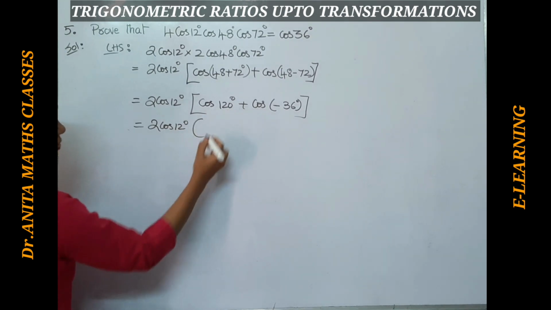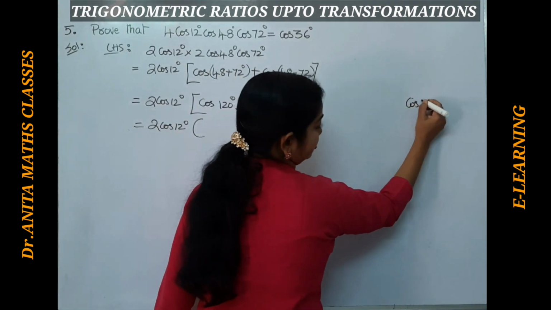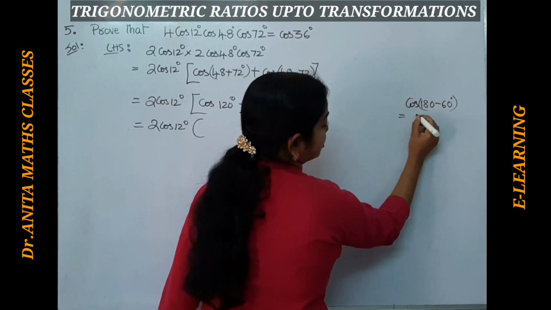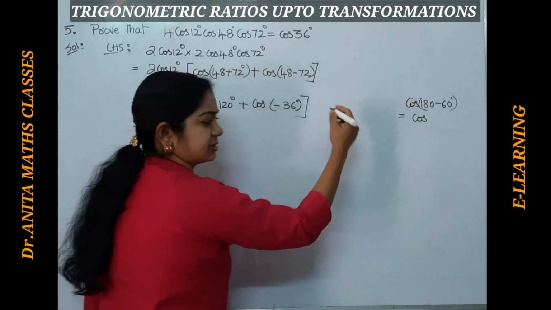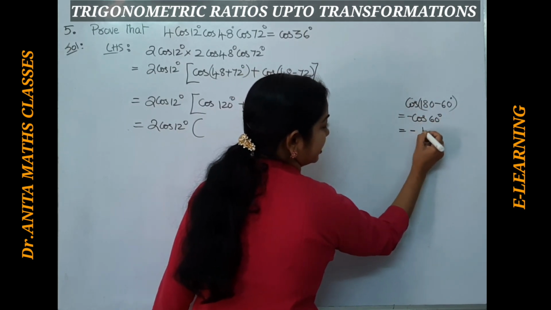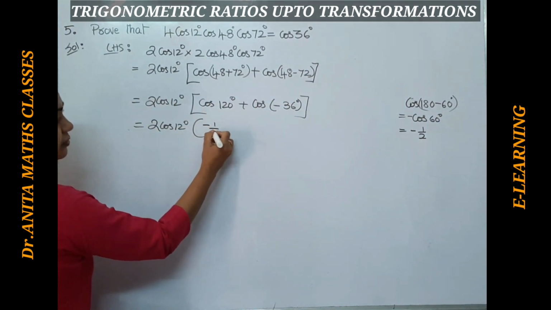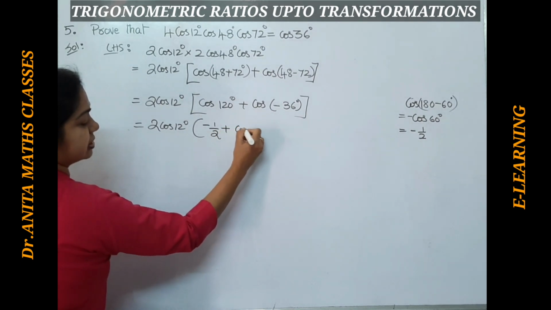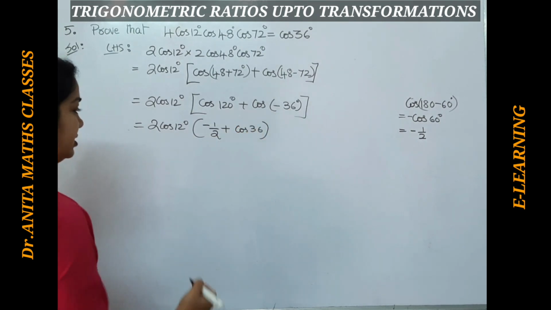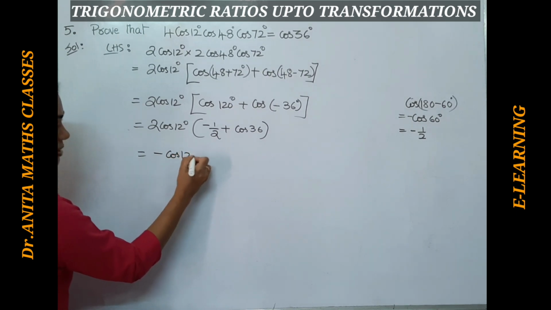Here cos 120 is cos of 180 minus 60. In the second quadrant cos is negative, so minus cos 60 degrees. So this becomes minus half, and plus cos 24 degrees, since cos of minus theta is cos theta. Now we'll multiply this. 2 goes off, so minus cos 12 degrees here, and multiply this.